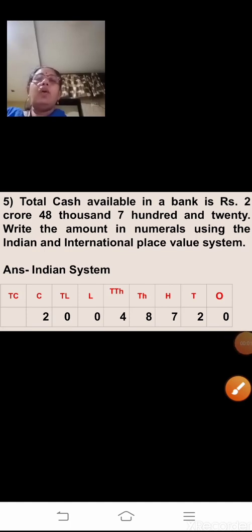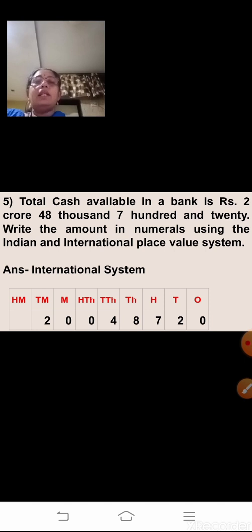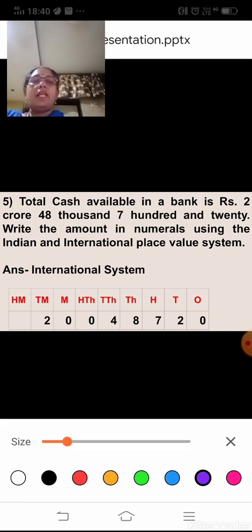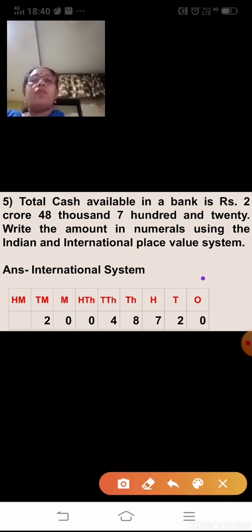Okay, now let us see how to write this number according to the international number system. Again write the place value chart. In the international number system, in the place value chart, we will have ones, tens, 100, 1,000, 10,000.